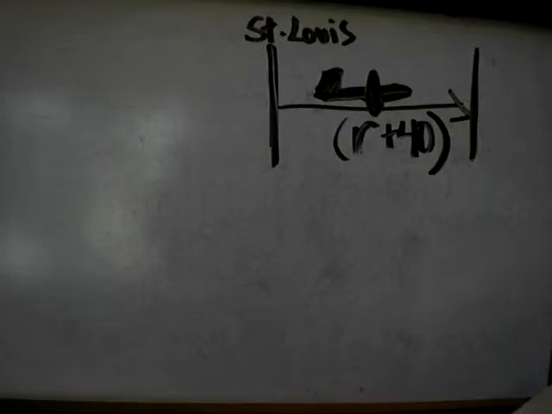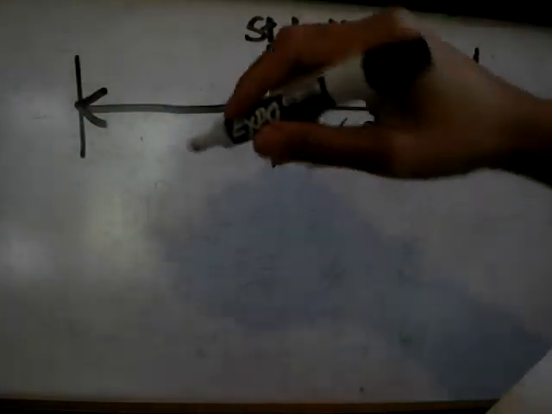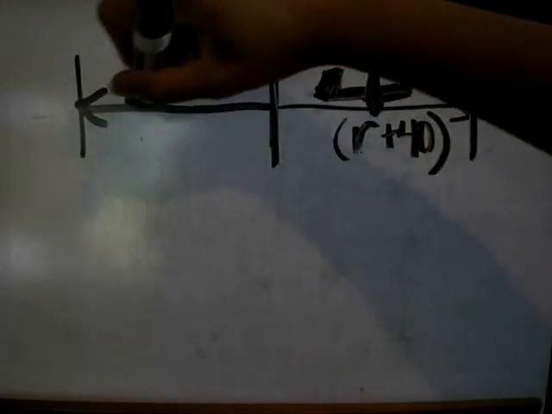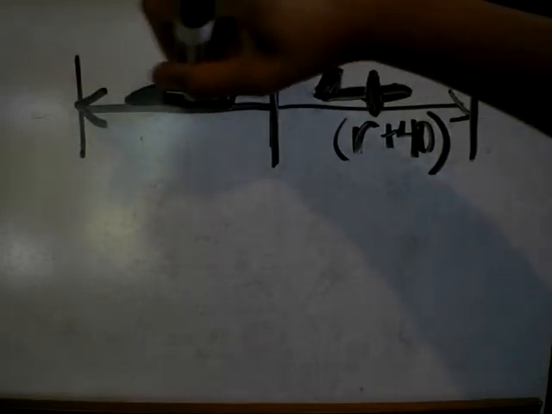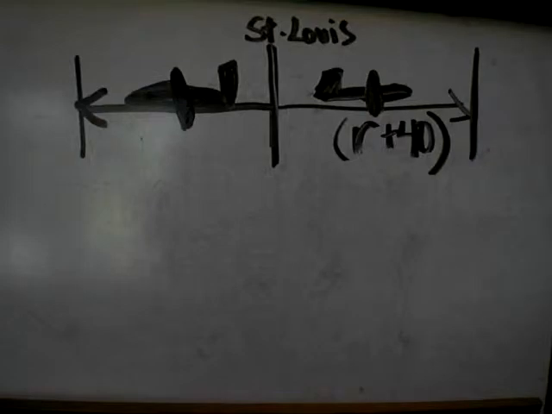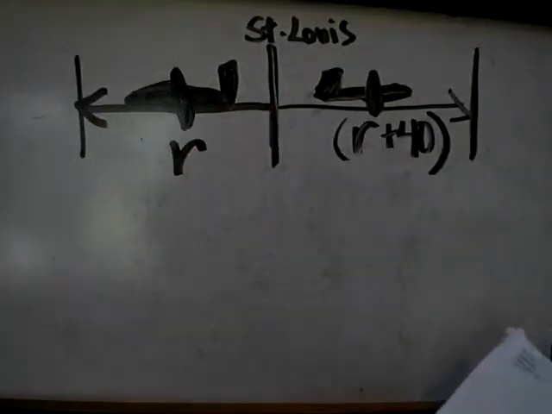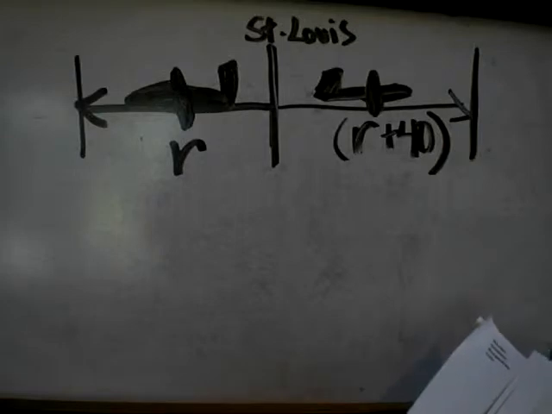Alrighty, and then the plane that's going west, this is after 2 hours. Let me draw this plane. There we go. That one's going at its rate. But remember how the distance formula is rate times time.